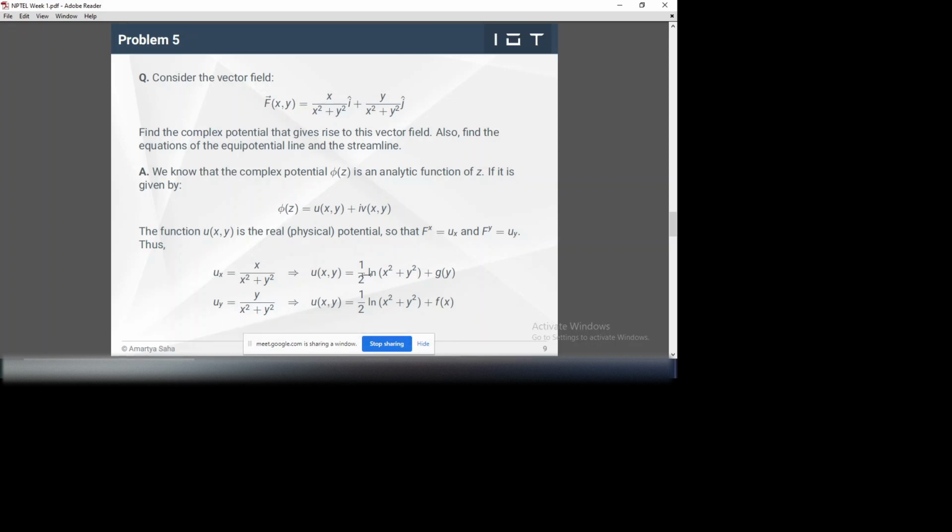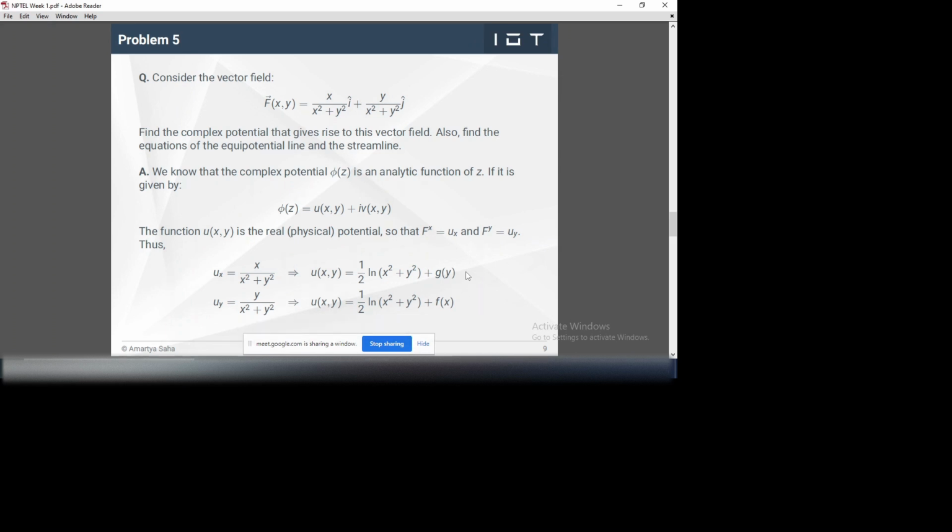Now again we'll be integrating. As we did in the previous problem, we'll have to integrate out x and y. In the first line, let us first integrate with respect to x. This is straightforward.